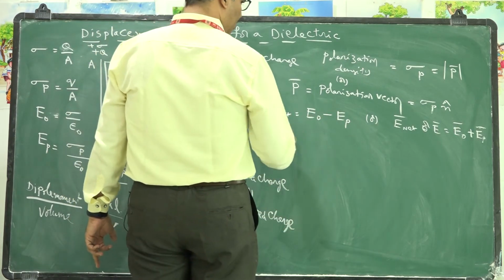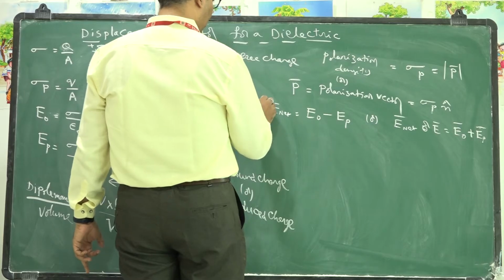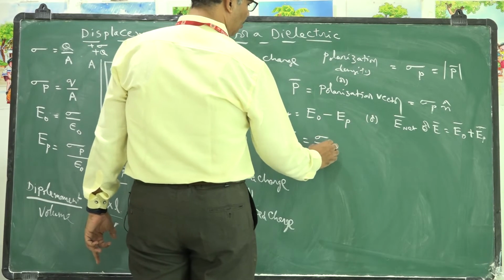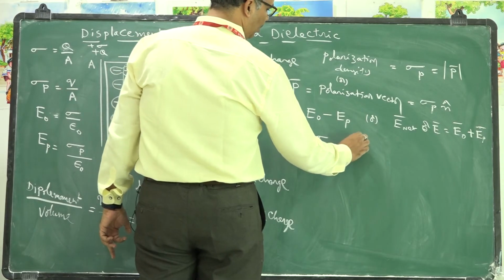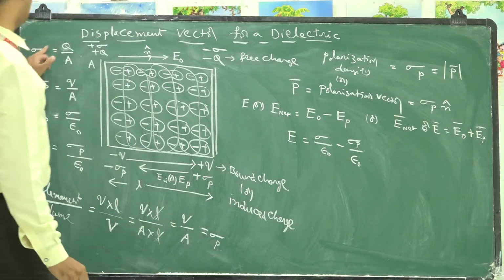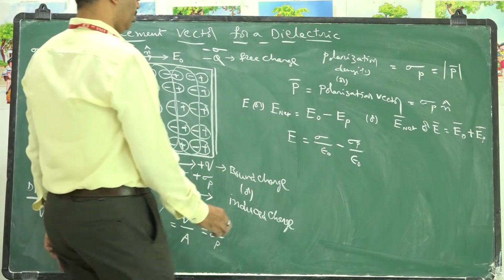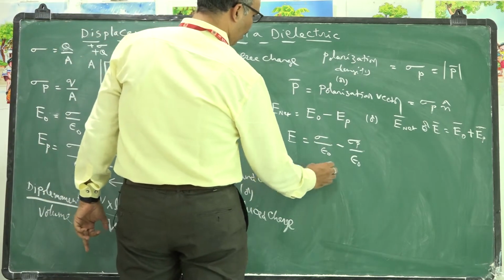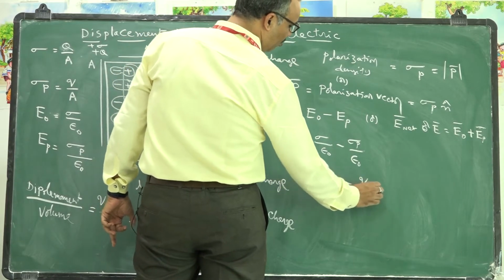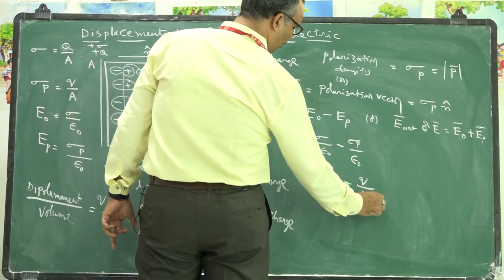Representing the net field as E, E is equal to sigma by epsilon naught minus sigma P by epsilon naught. You know that sigma is equal to Q by A. So E can be written as Q by A epsilon naught minus small q by A epsilon naught.